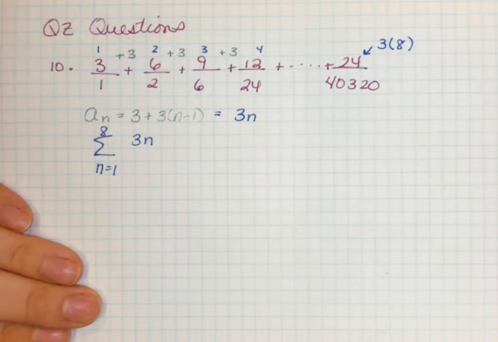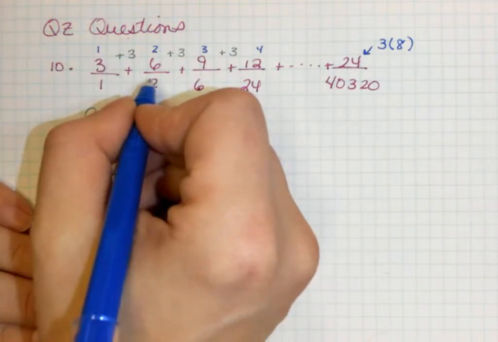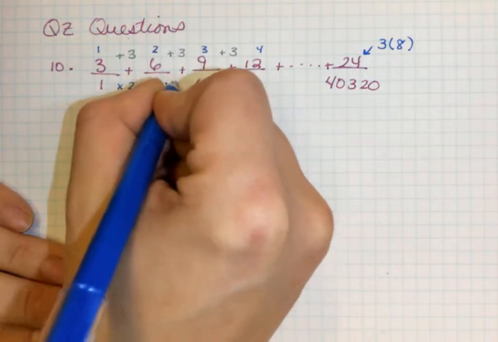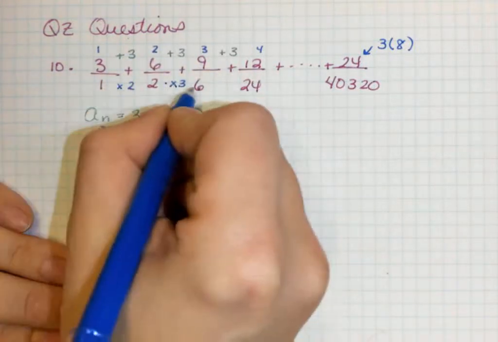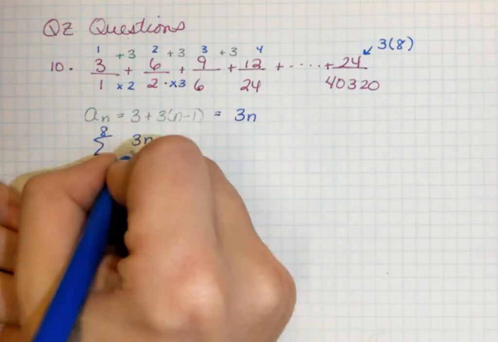So now we're going to look at the bottom. From 1 to 2, what is that? Multiply by 2, 2 to 6. Anytime you see that where you're multiplying the next number, that's n factorial.